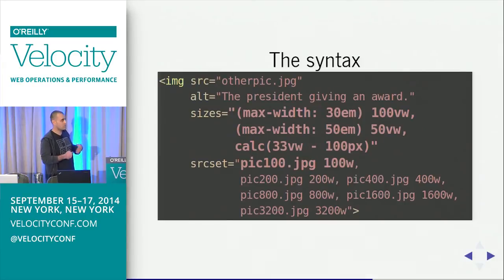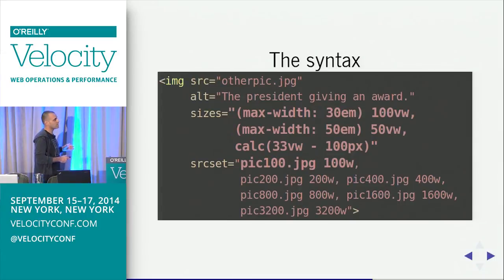If it doesn't match, it goes on to the next one. And you can see in the third row here that we don't have a pair. It's just a CSS length. So when the media condition is not there, it's a match, and this is the fallback value that gets picked.